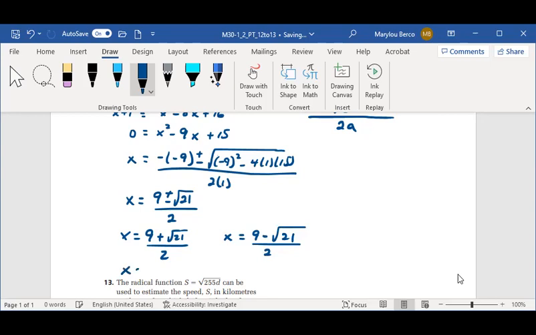So x is approximately 6.8, or x is approximately 2.2, and 2.2 is an extraneous root.